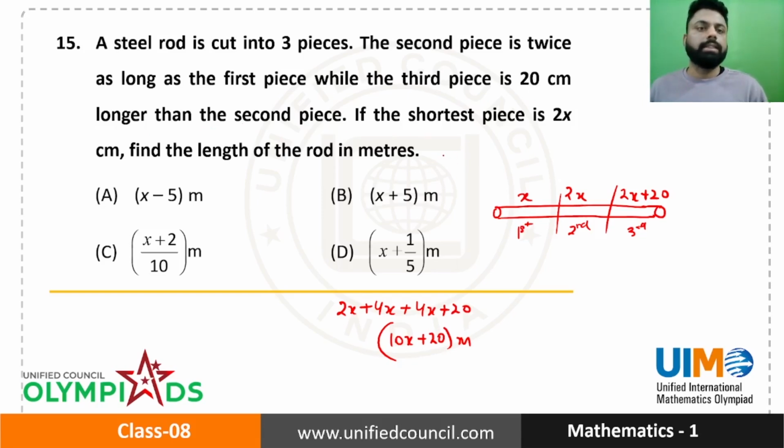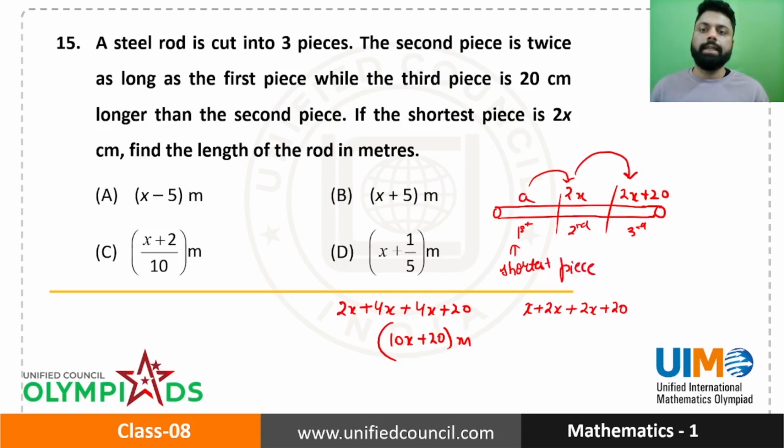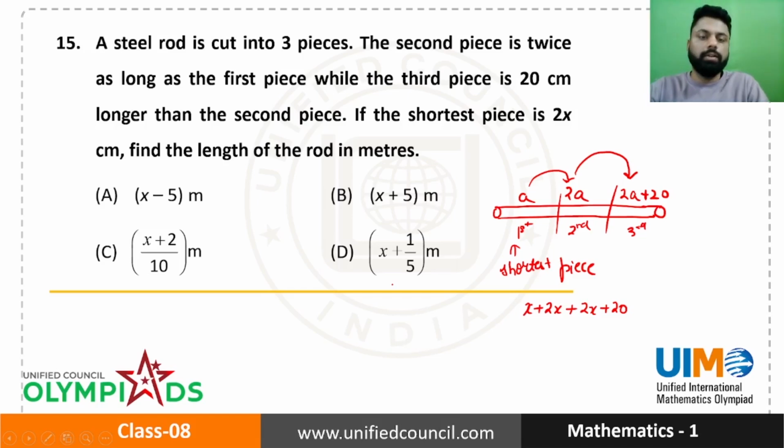If the shortest piece is 2x, find the length of the rod in meters. So over here, x plus 2x plus 2x plus 20. Technically, this is twice of it, and this is even more than that. So this is the shortest piece. Let's say this is A, this is 2A, this is 2A plus 20. Now, the length of the rod in this case will be equal to how much?